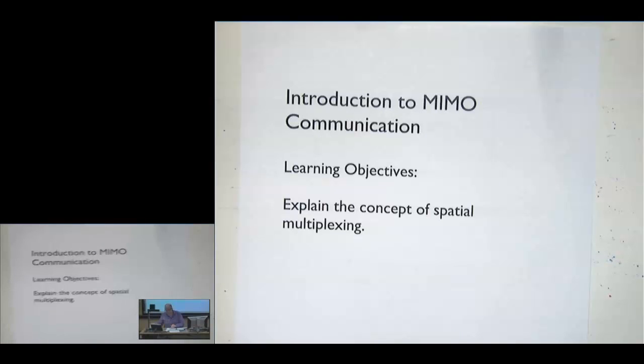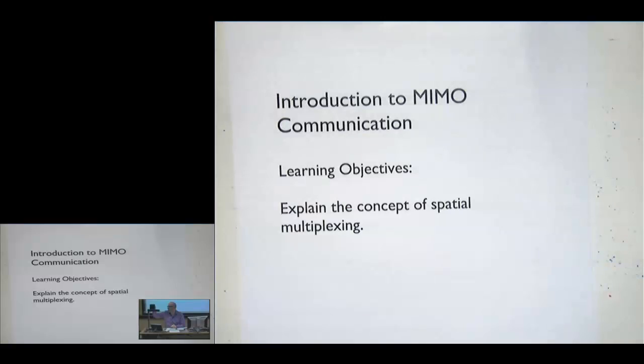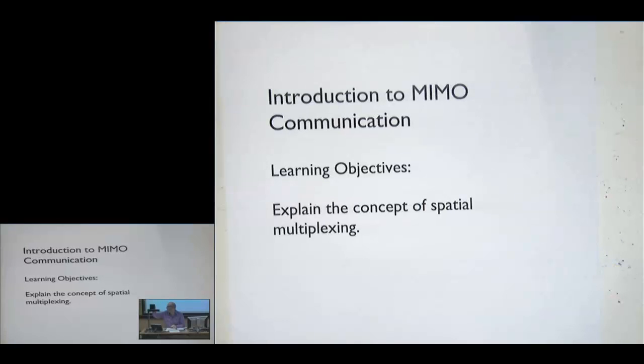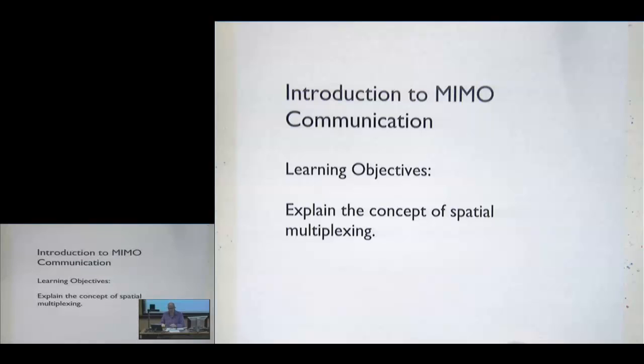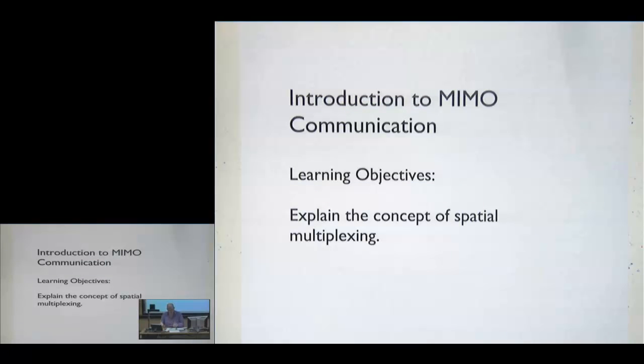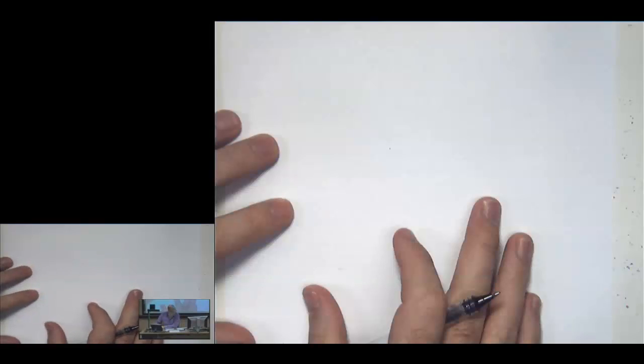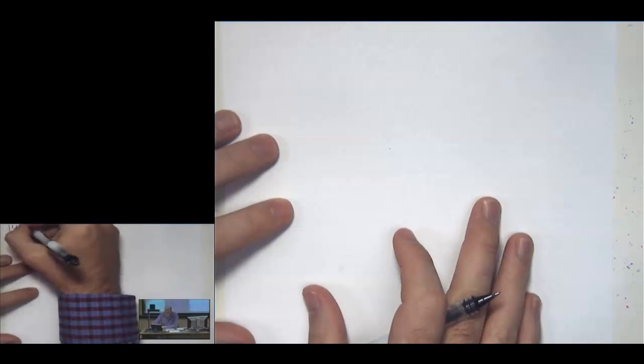So the next few lectures, we're going to talk about MIMO communication, which you can view as a generalization of transmit diversity, but it's actually something more than that. In this lecture, I'm just going to talk about one of the key concepts, which is what's called spatial multiplexing.